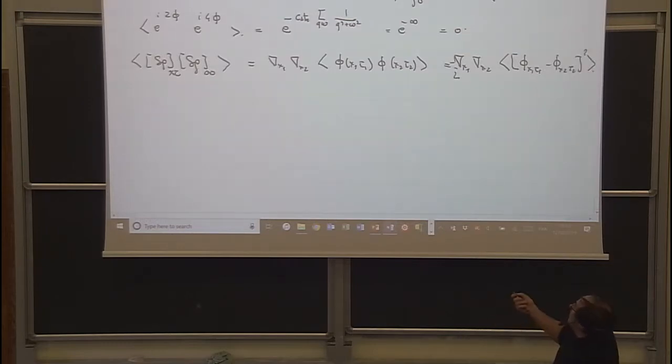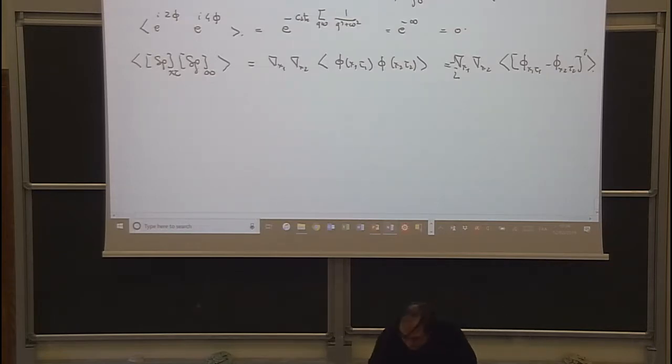Because the part here, when I expand the square, which only contains x1, goes away when I differentiate with respect to x2, and vice versa, so only the double product stays. I know that this is a log, because I just computed it, so when I differentiate twice, I get 1 over x squared. So this part, which is the part coming from the grad phi, behaves as 1 over x squared. I can give you the precise expression.